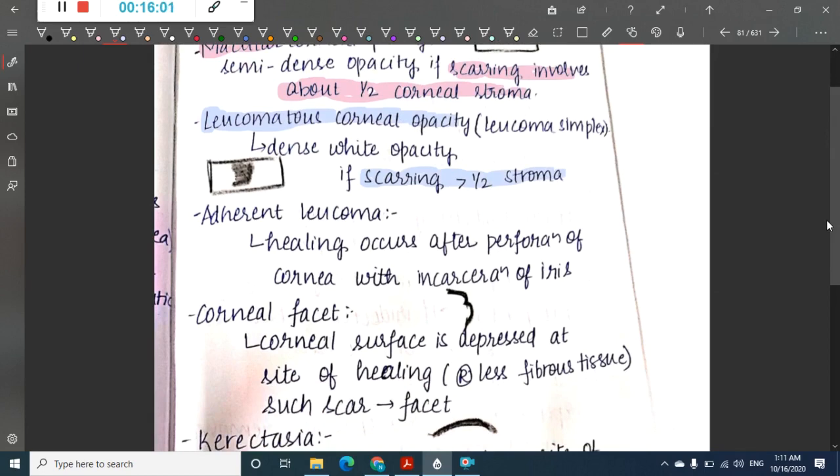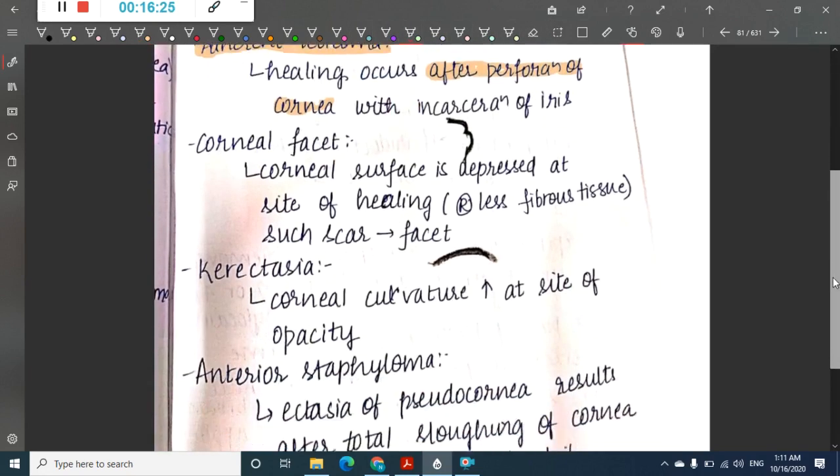Next we have something called adherent leukoma. It occurs if healing occurs after perforation of the cornea with incarceration of iris. Then we call it adherent leukoma.